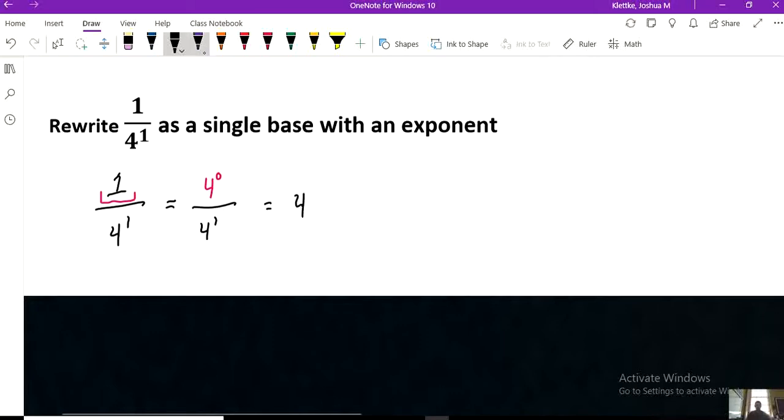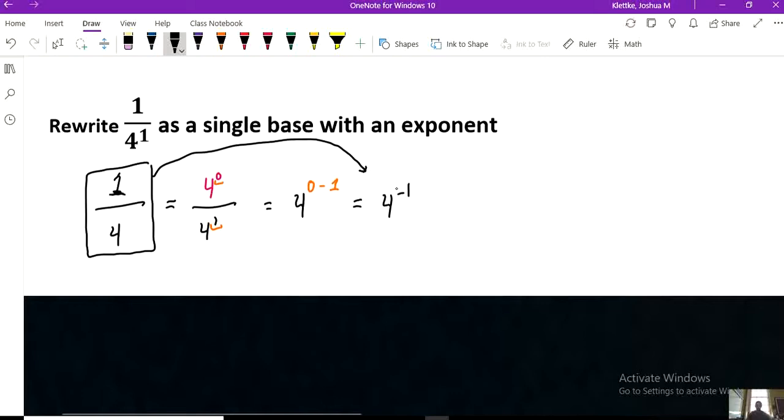I would keep the base, do the top exponent minus the bottom exponent. We find out that 1 over 4, because remember, we don't need that power of 1 right there, we could have it, we don't need it though, is the same thing as just 4 to the negative 1.